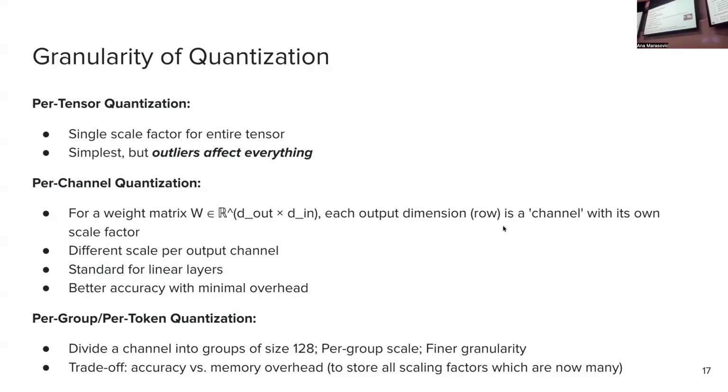For each row you have a scaling factor, and then you divide them into these additional groups, and each one of them has a scaling factor. That's a lot of numbers to store for a single matrix. But then we have many of those matrices, so this problem compounds. And the issue becomes that now you need to also record all these scaling factors.